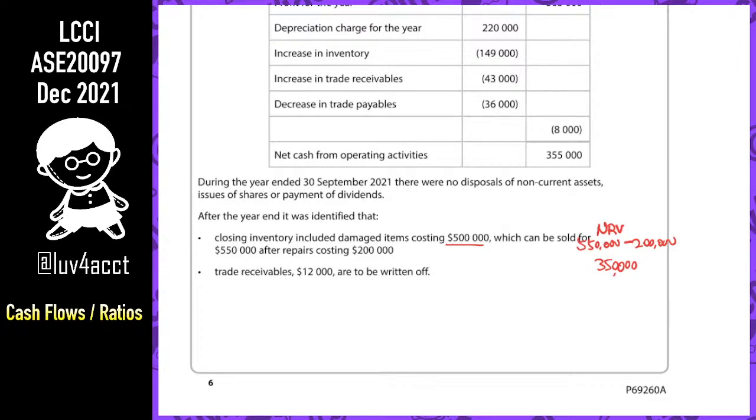When we compare, we can see the net realizable value is lower, the cost is 500,000, the NRV is only 350. That means we have an impairment of 150,000.